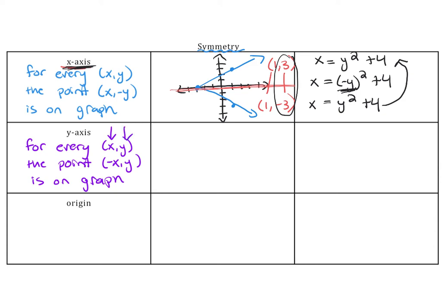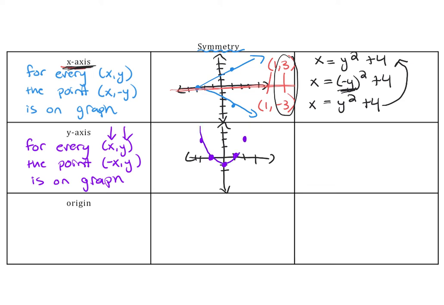Once again, let's sketch a graph. I'm going to put points here and here. Let's go over to, we could go 2.